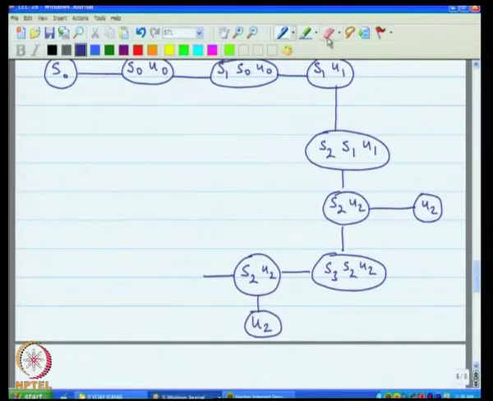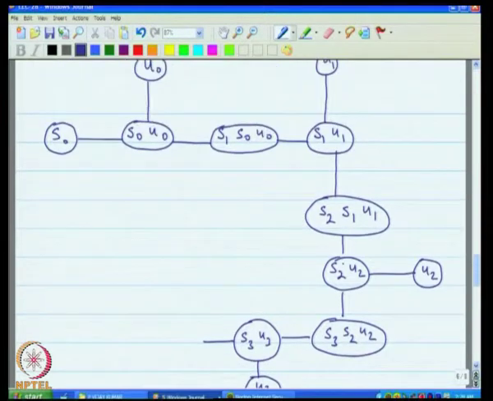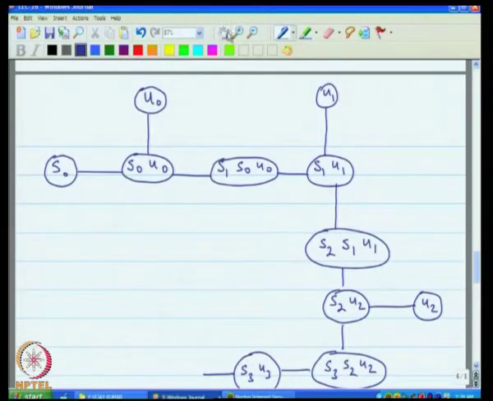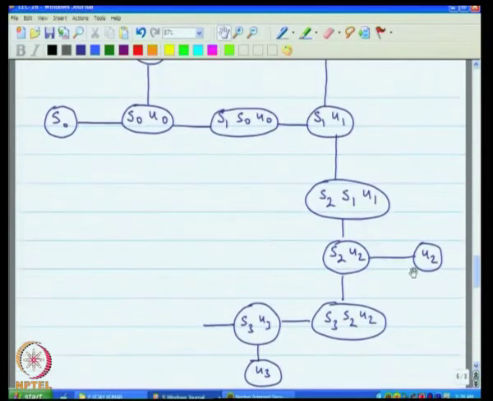Sorry, this would be S3 U3, S3 U3 and U3. So, let us see, I should have 13, I have 3, 6, 9, 12. Okay, so we are doing good.